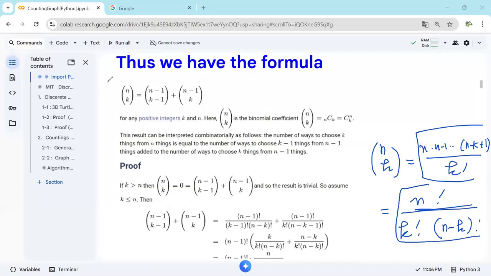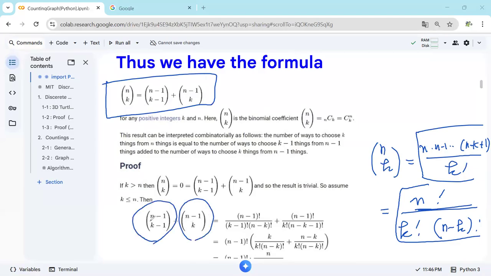Okay. So to prove this one, just find out this value, this one and this one, and n minus 1 choose k minus 1 is by definition formula from this one, and then just try to simplify this one. So in this case, look at this, n minus 1 factorial is the common factor.